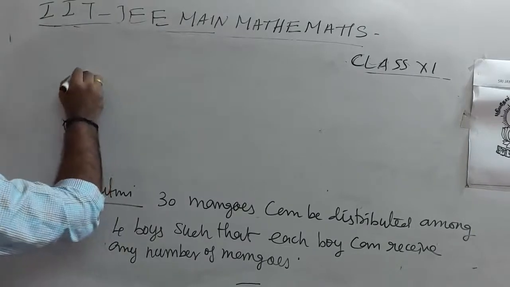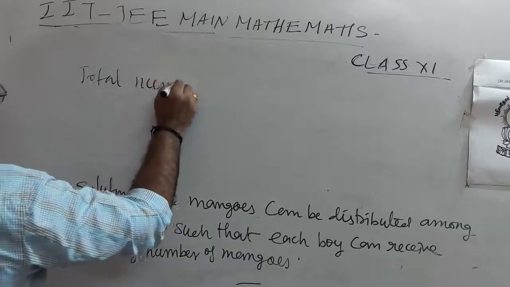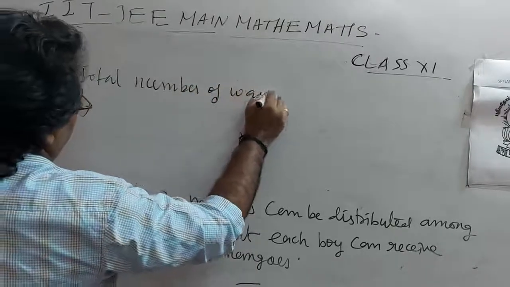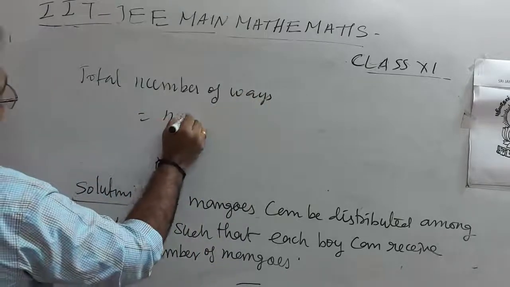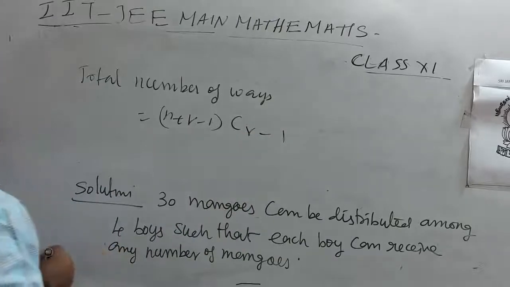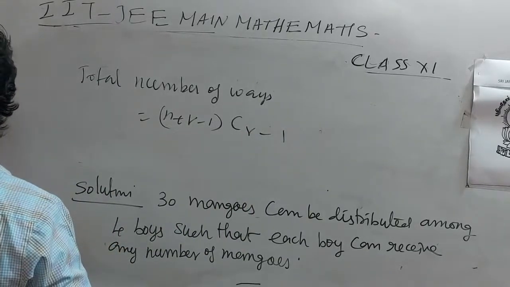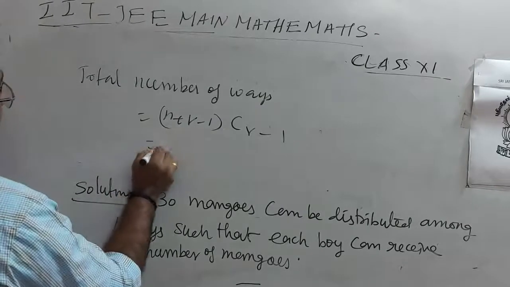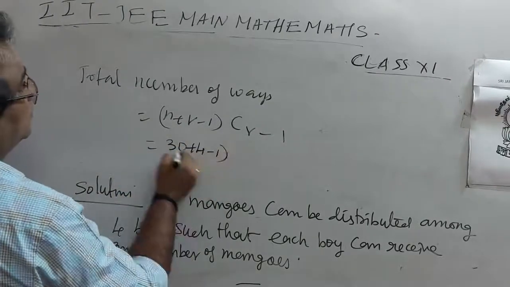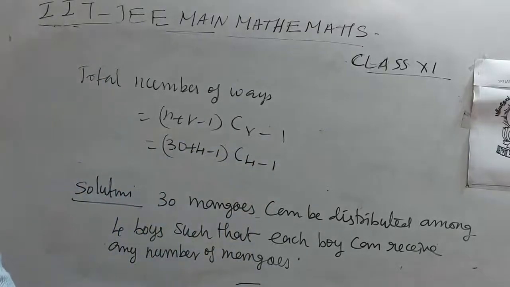So the total number is n plus r minus 1 C r minus 1, that is 30 plus 4 minus 1 C 4 minus 1.